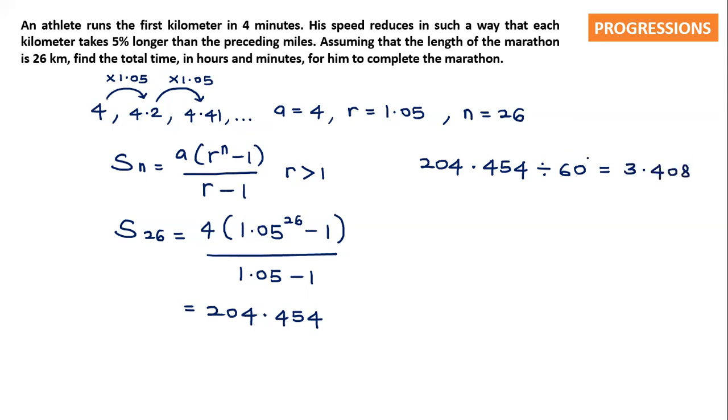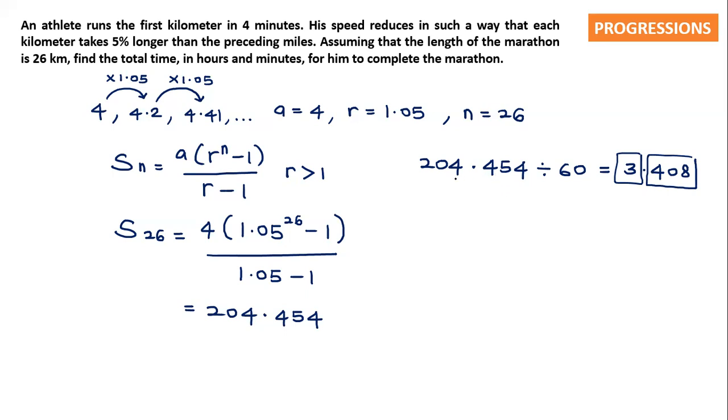Okay, listen class. Please listen. The integer in front here actually represents the hours already. So this is your hour. Now this 0.408, you have to take this and multiply back by 60. Why? I need to get back the minutes again.